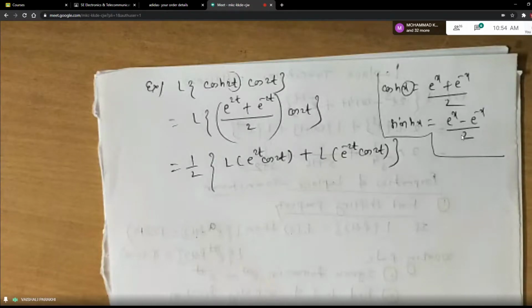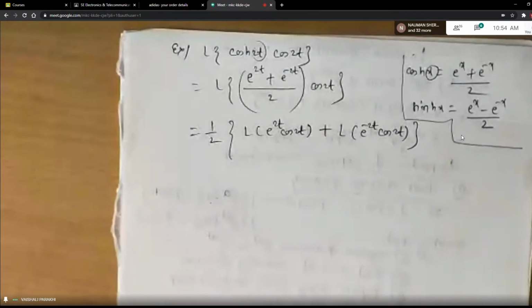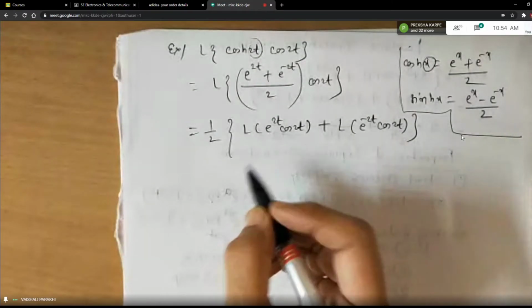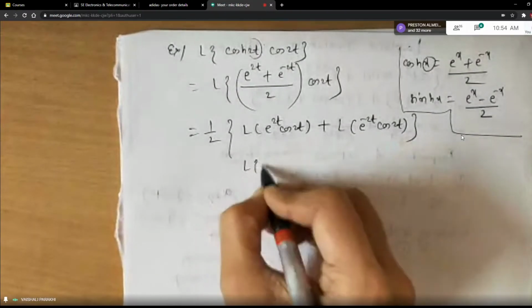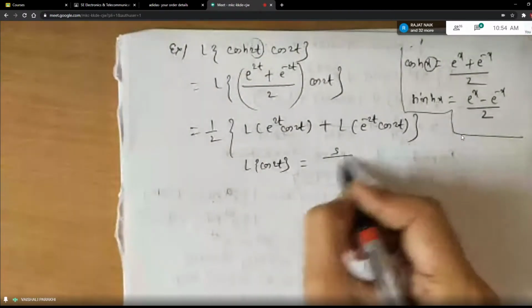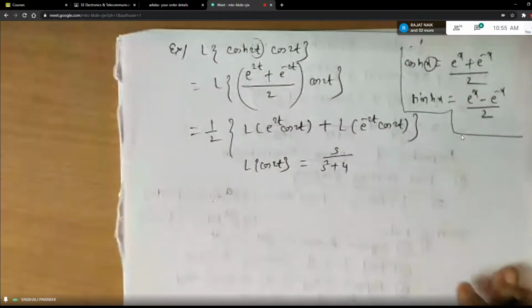Okay. And now for both the terms, you are going to apply the first shifting property. Any doubt, students, in between, you can ask me. Okay. So how will it be now? In both you need Laplace of cos 2t. So let us find Laplace of cos 2t first. It is s upon s square plus 4, right?